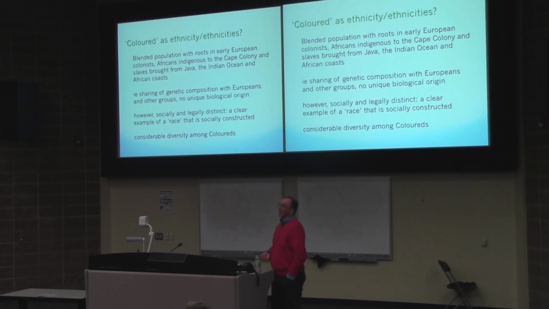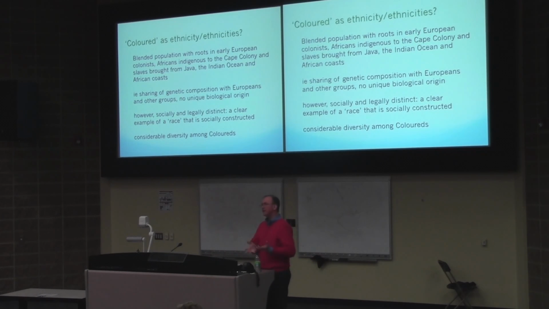You also have slaves that are not local Africans, but brought in from up the Atlantic coast, or up the Indian Ocean coast. So different African peoples are brought down, and they're mixing. And you have a big population of slaves brought from Java. The Dutch are bringing them from Java and from other Indian Ocean destinations. So it's a very mixed population, and even within the colored population in South Africa, there are identifiable different groups.